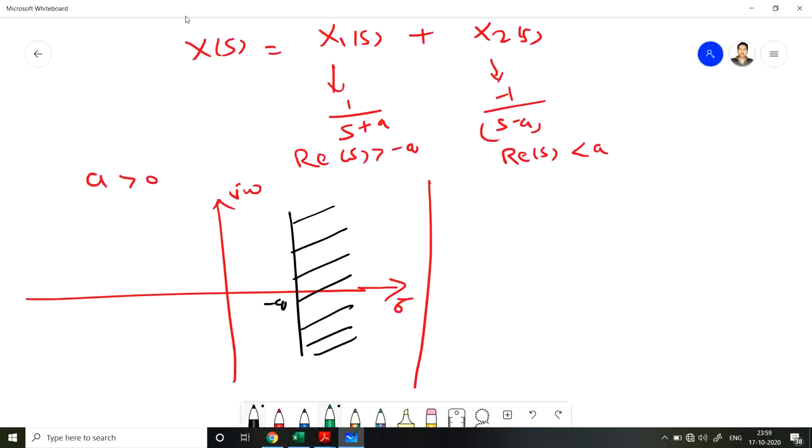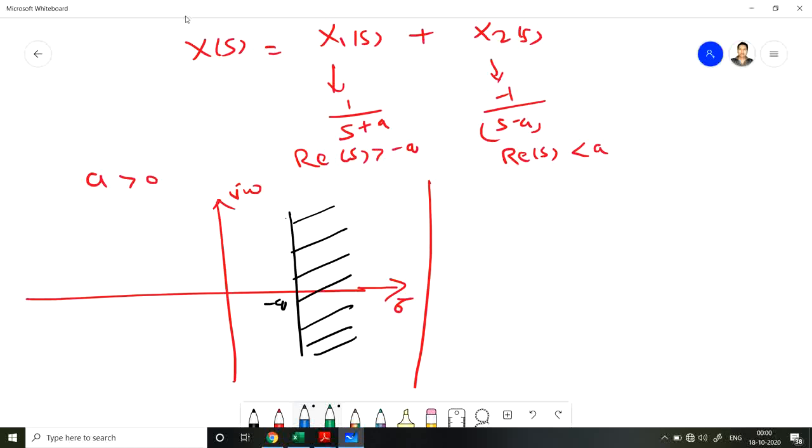Now we have considered a greater than 0, so for that second signal, real part of s is less than a.